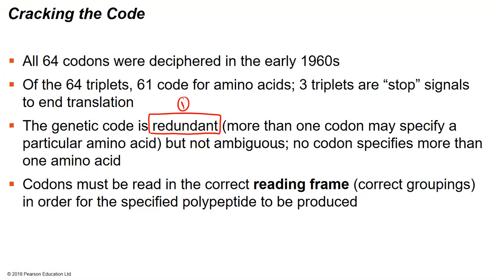The genetic code is also non-ambiguous. Redundant, مكرر يعني. Not ambiguous means مش عشوائي, not random. So each codon will always specify one amino acid.